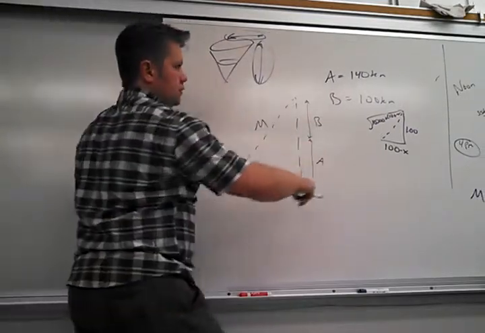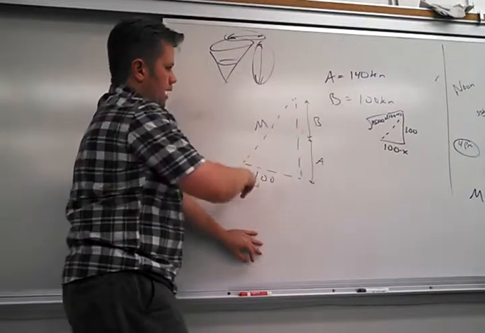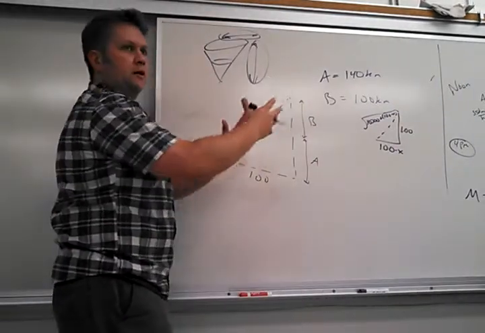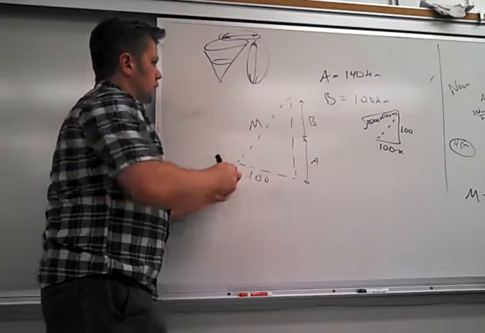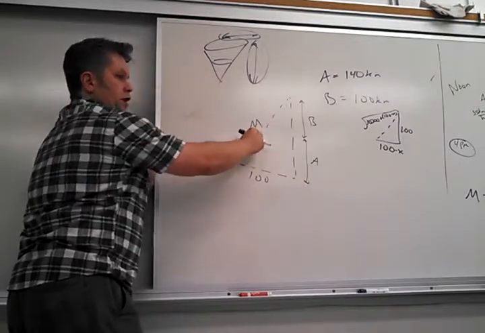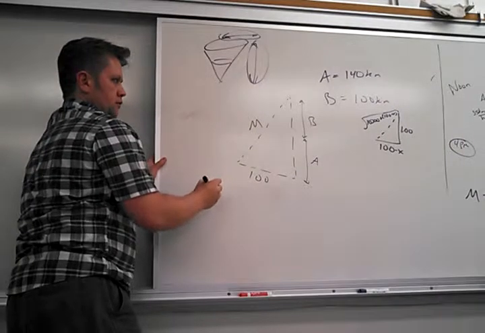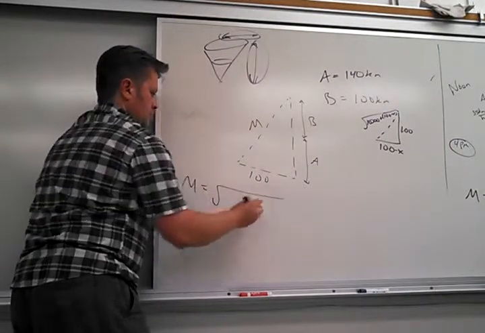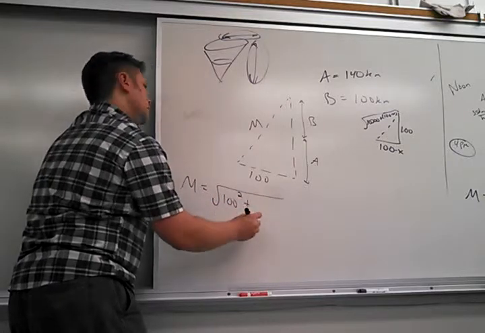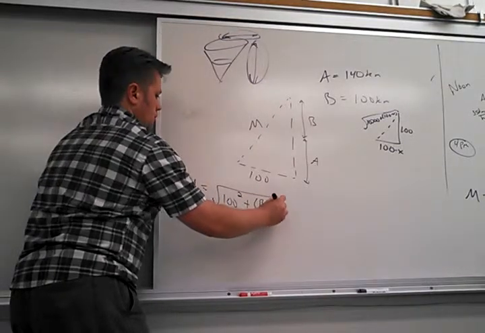You figured out, yeah, there's one giant triangle. That makes sense. That I wouldn't need the x variable anymore. I just got one base to worry about. So now what's the relationship for what I really want here? Yeah, M equals the square root of 100 squared plus B plus A squared.